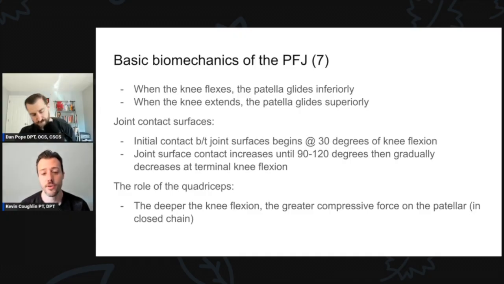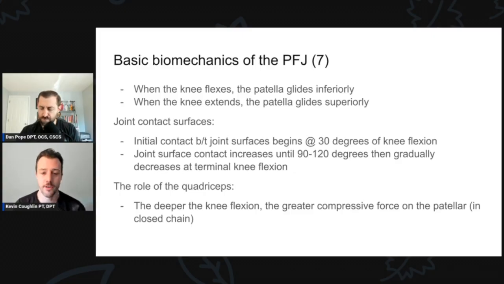Then the joint surface contact increases gradually up until 90 to 120 degrees. So at that 30-degree flexion mark, you have some joint contact. And then the more you flex, if you're picturing a squat, say you're parallel or a little past parallel, you start getting maximal joint contact.